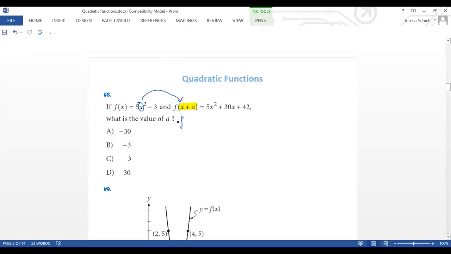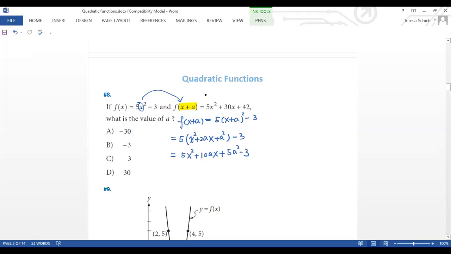So this is 5 times (x plus a) squared minus 3, correct? Then x plus a squared is x squared plus 2ax plus a squared. So you will have 5x squared plus 10ax plus 5a squared minus 3.